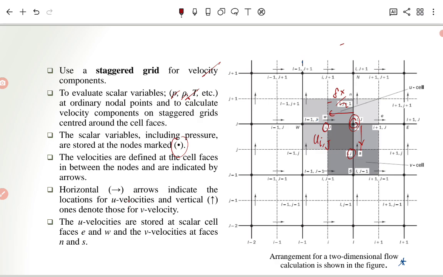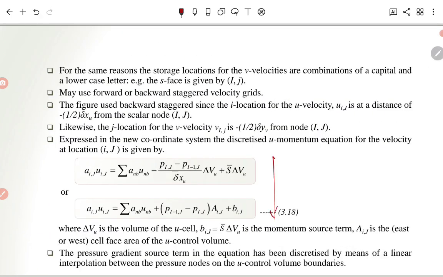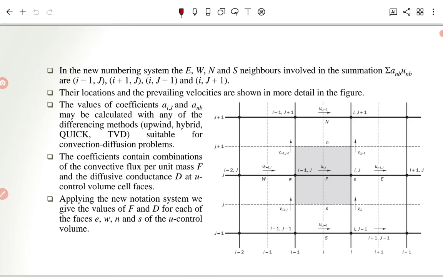From here we can express the new coordinate system to discretize the U momentum equation and also the V momentum equation, which are the momentum equations in the x and y directions. So this is the new notation, the new coordinate system, to discretize your momentum equations in the x and y directions.